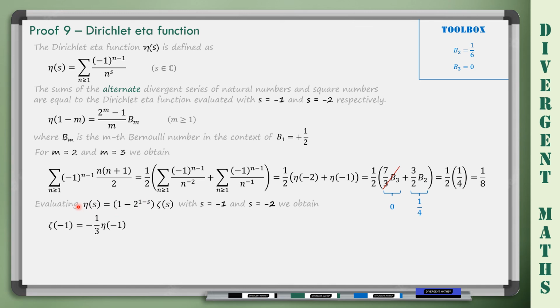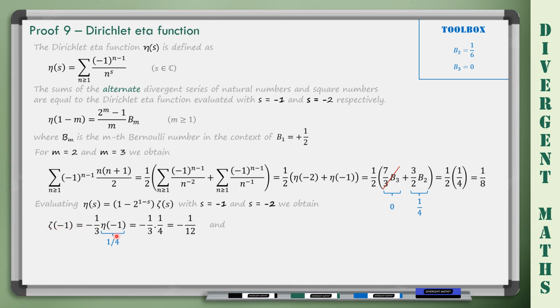We pass it on the other side, -1/3, so we can see zeta at -1 is equal to -1/3 of eta at -1. And then the value of eta at -1, we just calculated it, it's 1/4. 3/2 of B2 is equal to 1/4. We plug it here. So -1/3 of 1/4 is equal to -1/12, which is the value of the Riemann zeta function at -1.